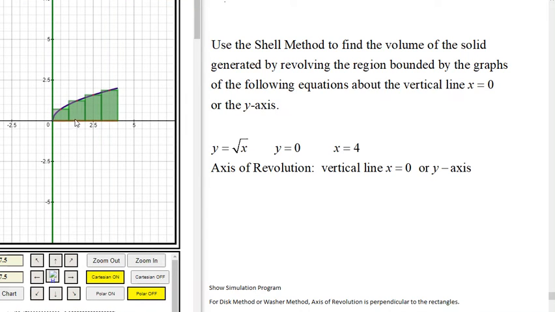And again, just like before, we'll fill the shaded region of the bounded region with rectangles. And then we revolve each rectangle about the axis of revolution. And when we revolve it, we'll get what's called a shell.